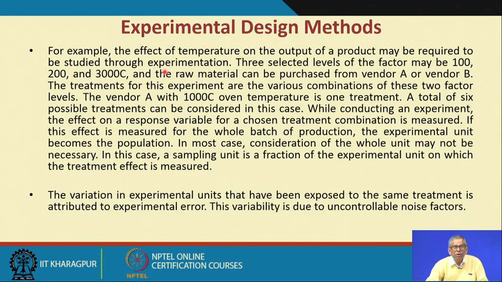I will just read this example. The effect of temperature on the output of a product may be required to be studied through experimentation. 3 selected levels of the factor may be 100, 200 and 300 degrees Celsius, where temperature is the factor, and the raw material can be purchased from vendor A or vendor B. The treatments for this experiment are the various combinations of these 2 factor levels.